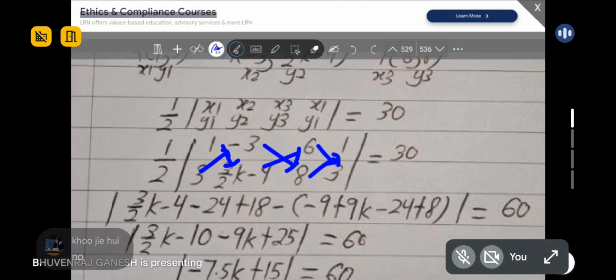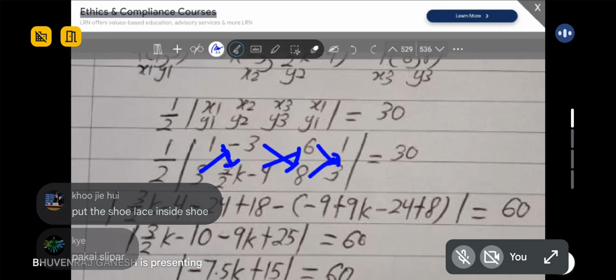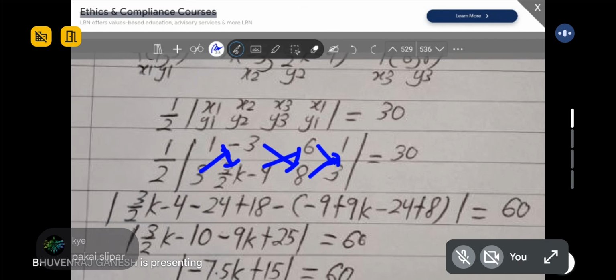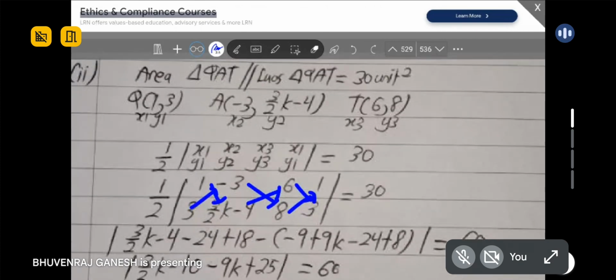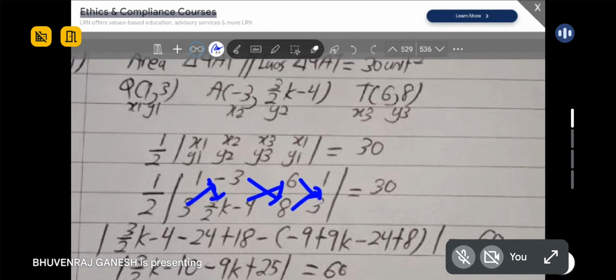Don't like then how you go school, may I know? School must tie shoelace. Am I right? Or you just buka the shoelace, don't tie, and go to school. Oh, barefoot wow. Panas lah. You walk in the afternoon very hard. Put the shoelace inside shoe. That is the method I used to use. To be honest, when it's very hard to tie, keep on coming out, right? You just put it inside the shoe. Pakai slipper. What kind of school is this? Allow slipper? Unless you got certain reason like injury to the leg, then you can pakai slipper lah.